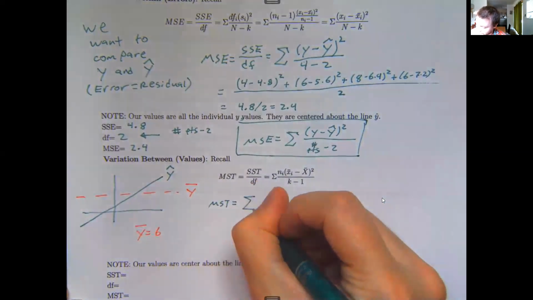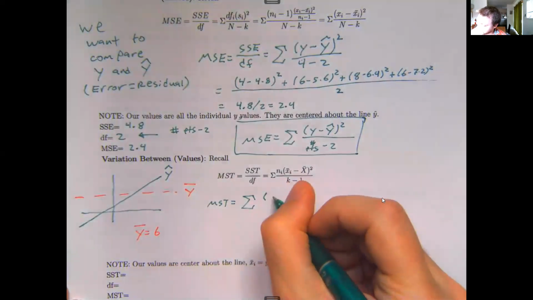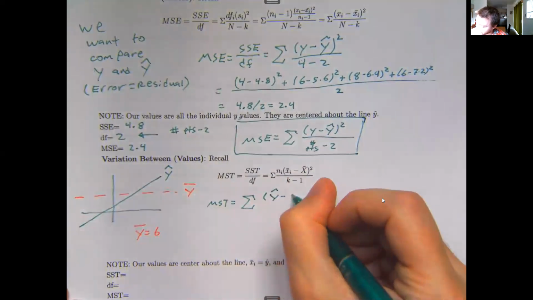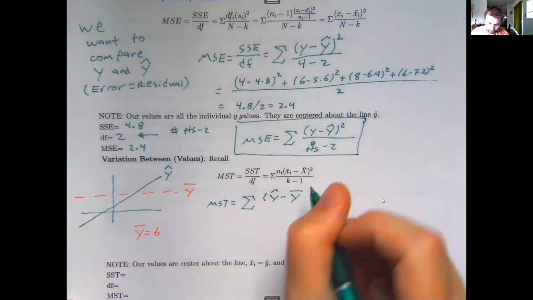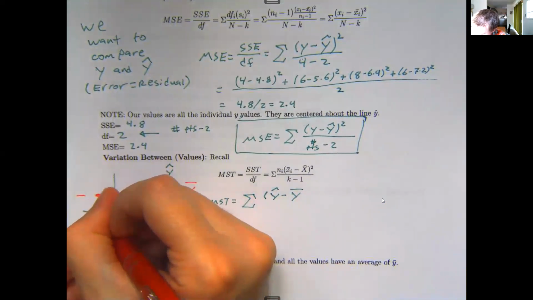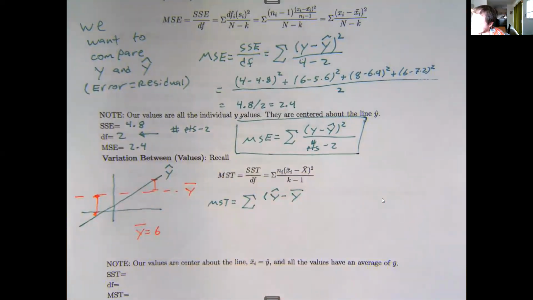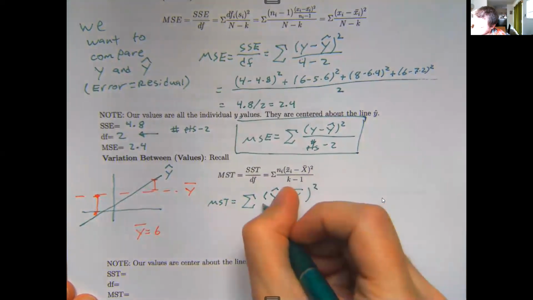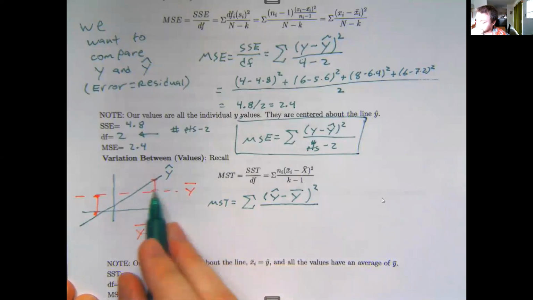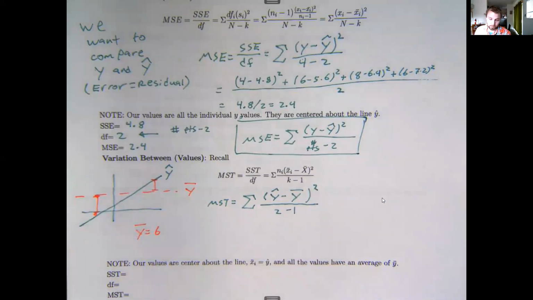I'm going to have the sum of all of my individual values, where I'm taking each of these y hats, subtract this y bar, and when I'm doing this, I'm just figuring out how far apart these things are. I'm going to square this, and I'm going to divide this by, well, I have 2 lines that I'm comparing, so the degree of freedom here is 2 minus 1, so I'll be dividing by 1.